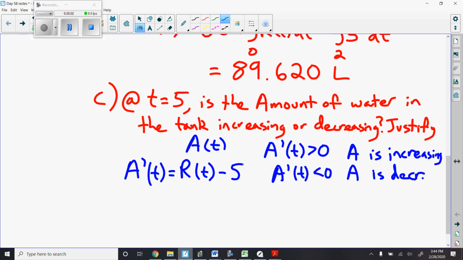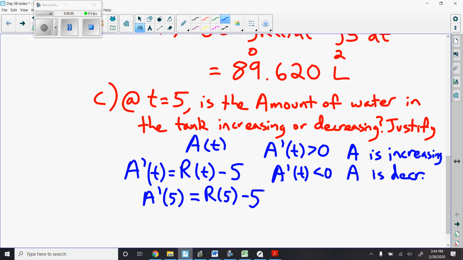And if you think about this, what would A prime of 5 be? I'll just replace all the t's with 5s. It would be r of 5 minus 5.